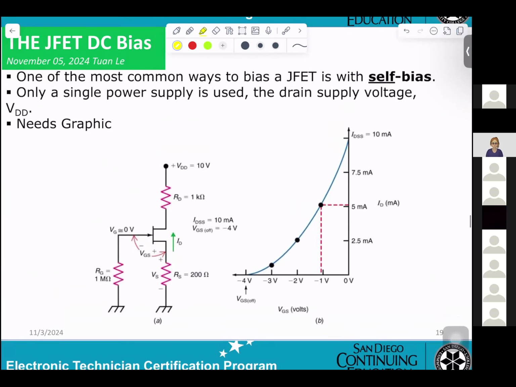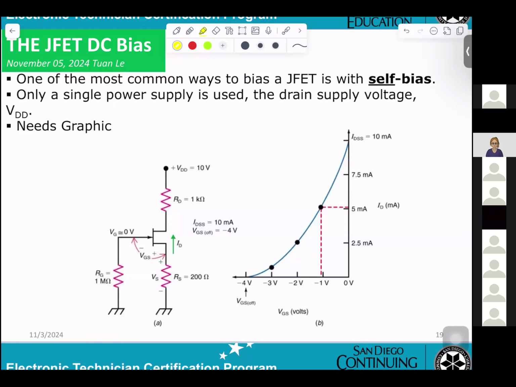Now, let's see the next one. One of the most common ways to bias a JFET is self-bias. Okay, self-bias. You don't see any voltage here. You see that? Only a single power supply is used.